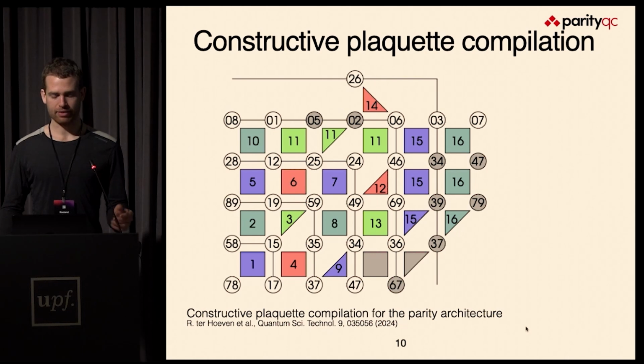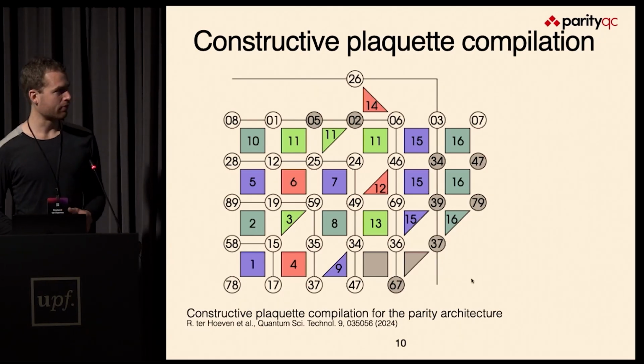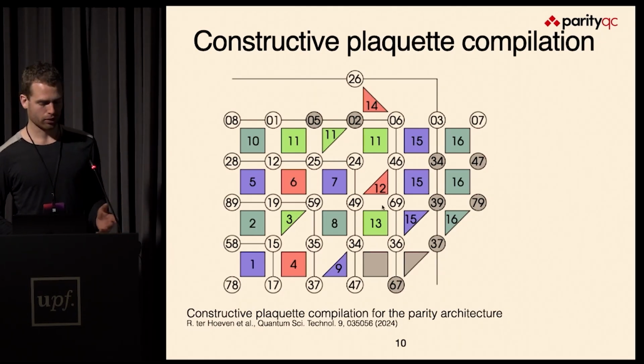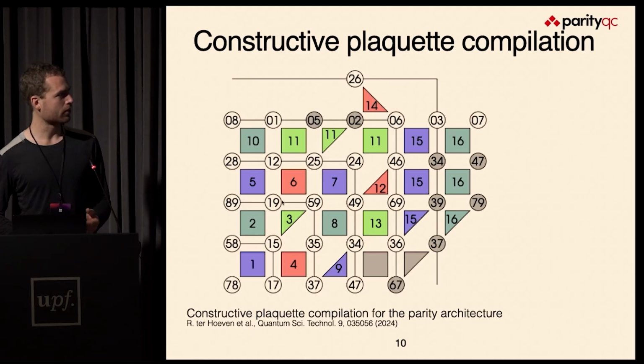So you're basically finding an approximate solution to the plaquette compilation problem. And so this is not the very best arrangement for this specific problem that I'm showing here. So the white qubits, again, are the problem qubits that you want to implement, and the gray qubits are ancilla qubits that you use additionally to complete the mapping.